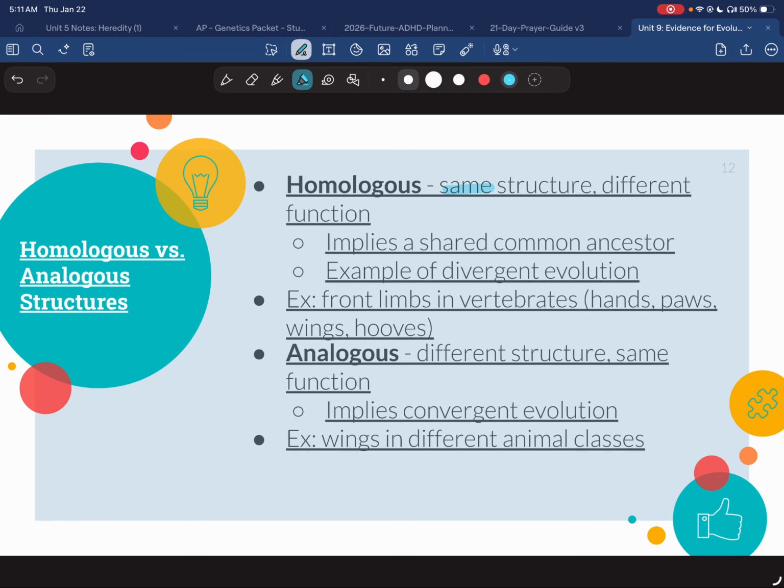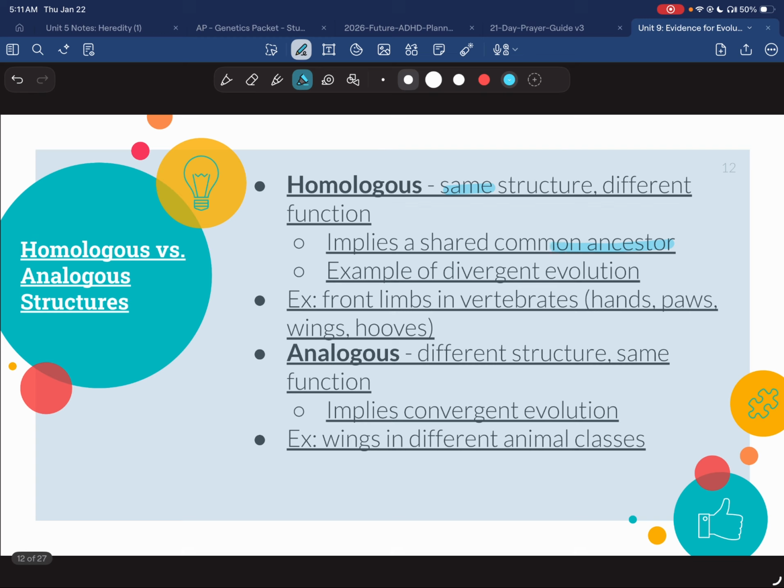So this is implying a shared common ancestor because they have similar structures, but they've now been adapted and changed to suit a different function. So we call that divergent evolution. What does that sound like? When they diverge, they split, right? So they were related and then they split.